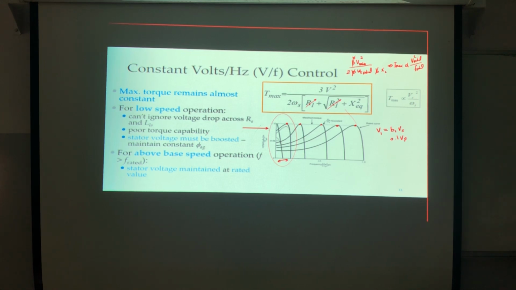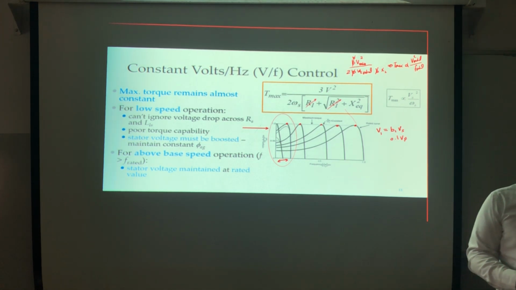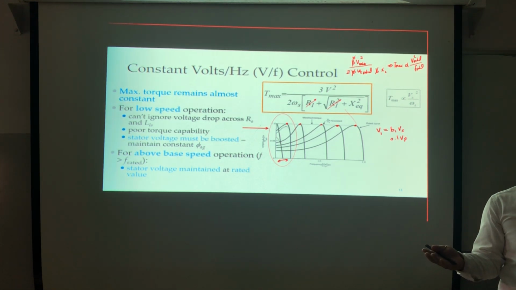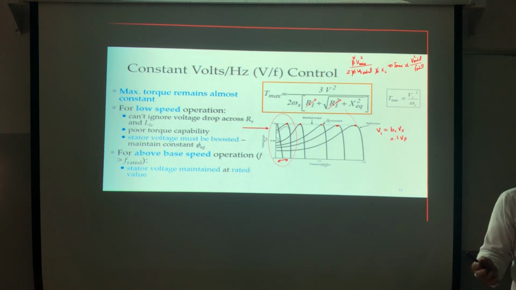And the drop voltage across the stator, roughly speaking, let's assume that I need to impose 10 volts to the stator, and the drop voltage is 1 volt. So in order of magnitude, 1 volt compared to 10 is too much. That's why at low speed or low frequency, I cannot neglect the drop voltage.